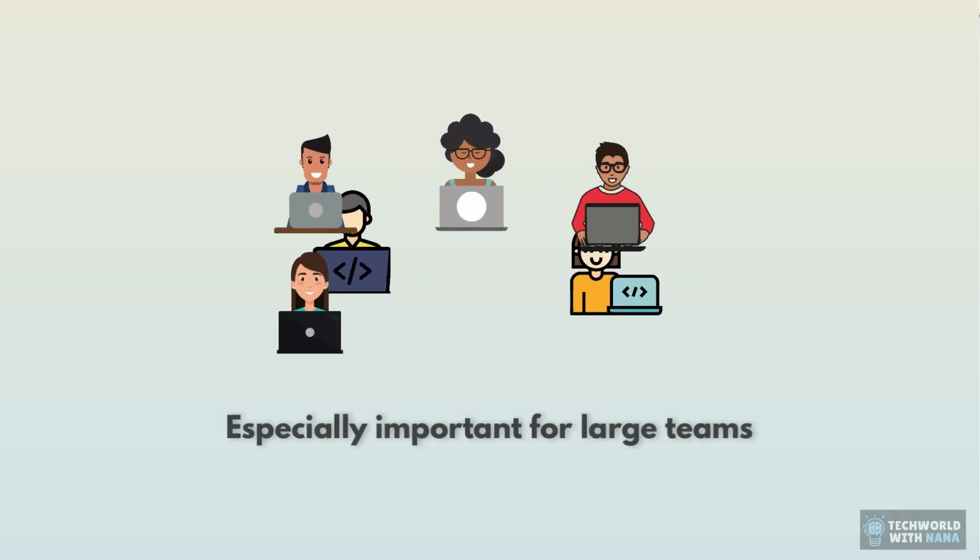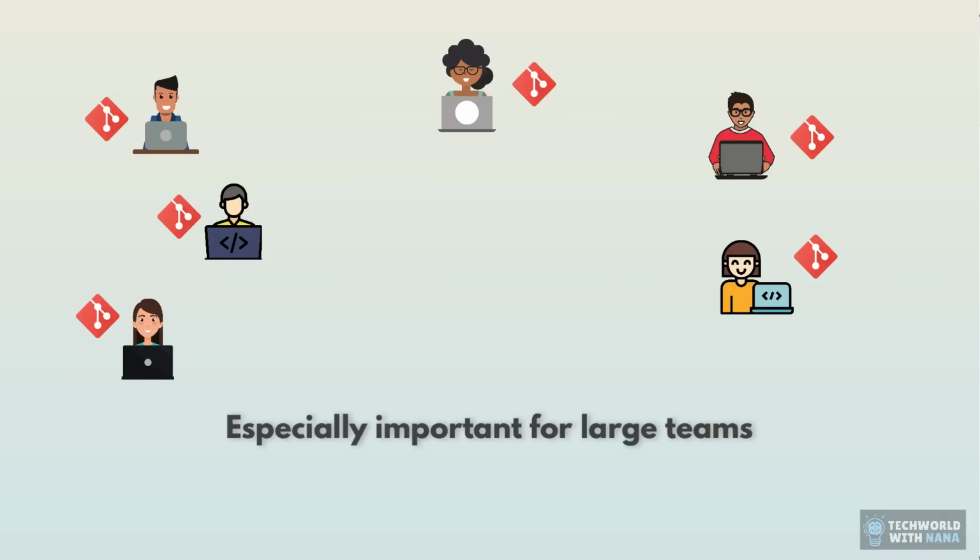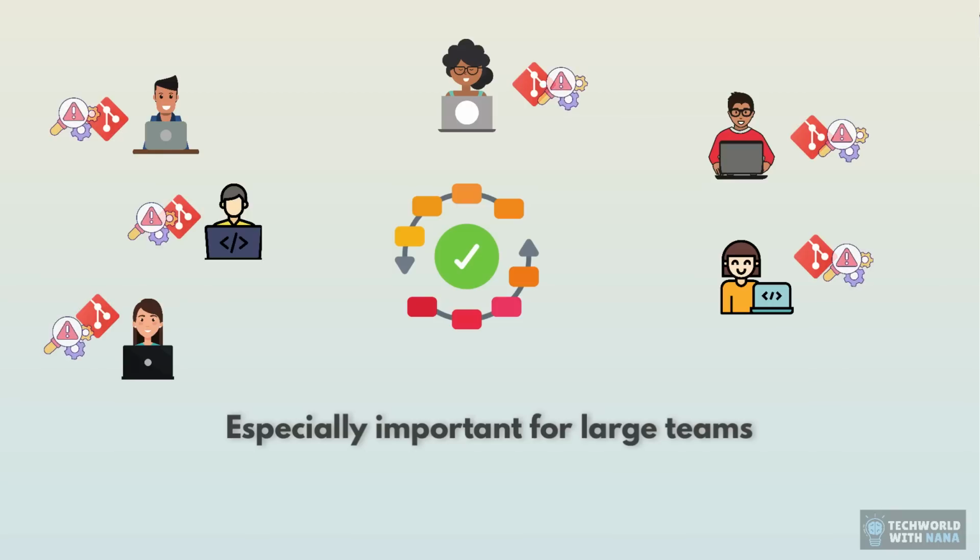Especially if you have a large team and everyone's doing their own thing and you have junior engineers who are committing their own changes. So you have this centralized automated process or workflow to help each engineer keep their code changes in check instead of having all the senior engineers checking the code that junior engineers are committing.